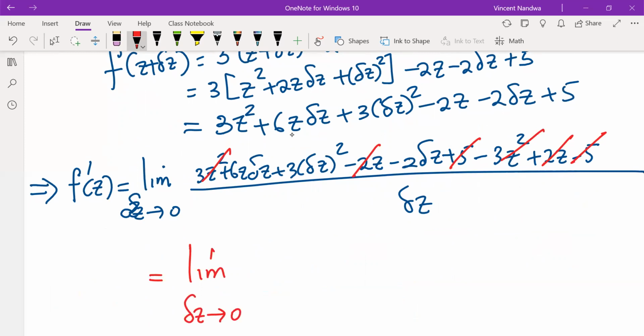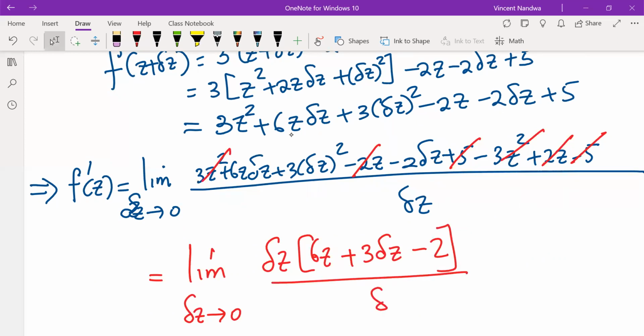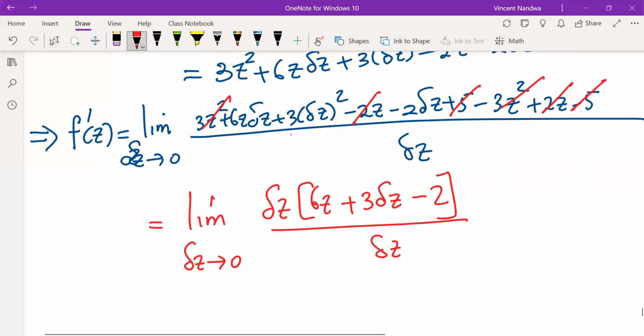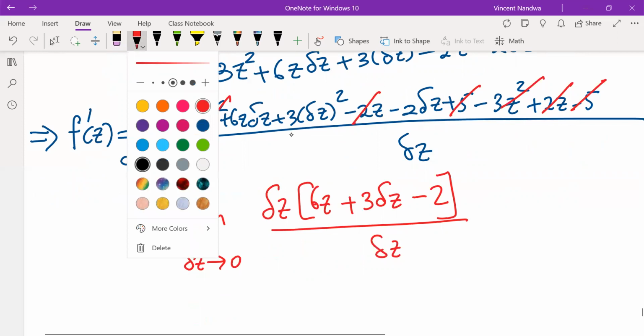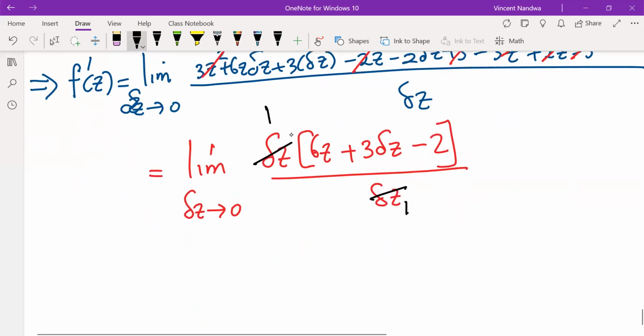So this will be the limit as delta z approaches 0. Now you see that in the remaining terms delta z is common, so I can say delta z into 6z plus 3 delta z minus 2, over delta z. So delta z cancels out.